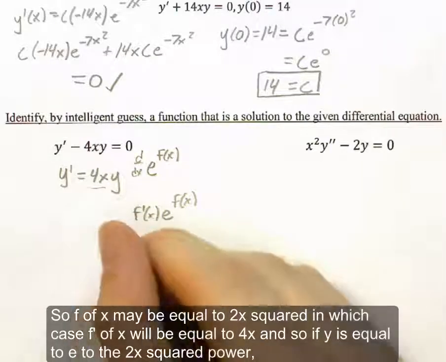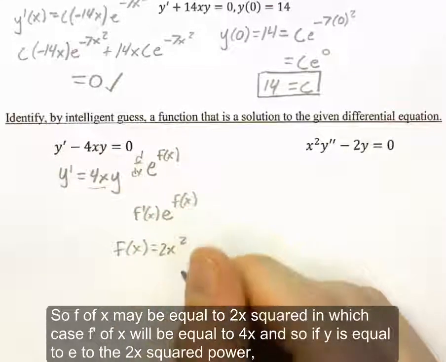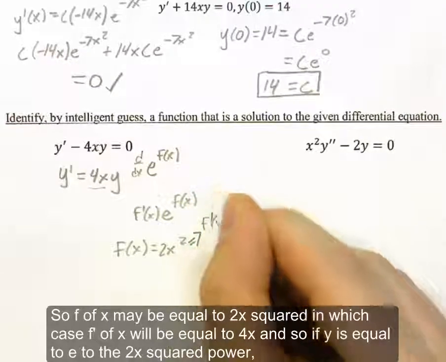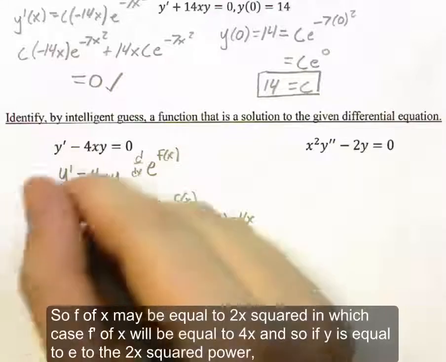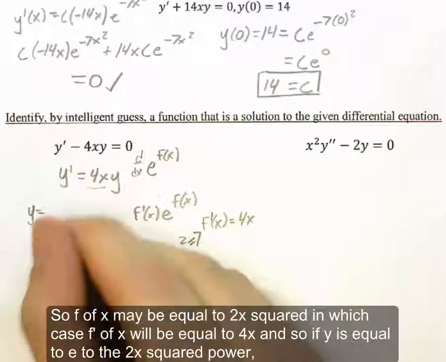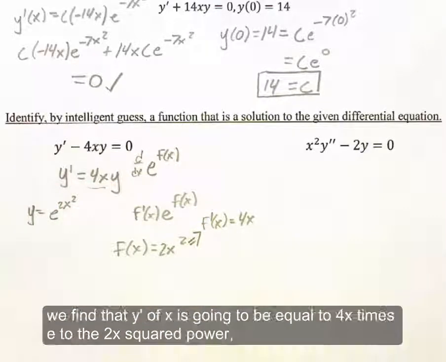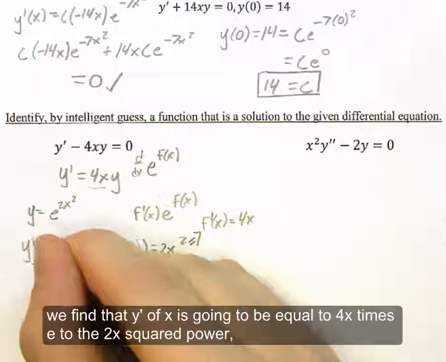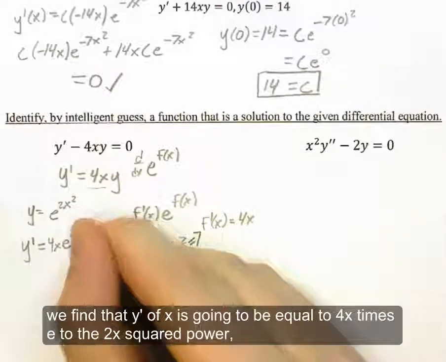So f of x may be equal to 2x squared, in which case f prime of x will be equal to 4x. And so if y is equal to e to the 2x squared power, we find that y prime of x is going to be equal to 4x times e to the 2x squared power.